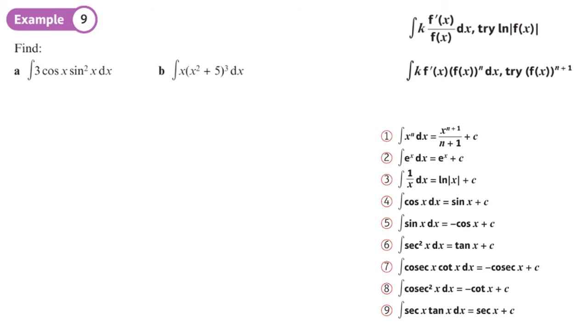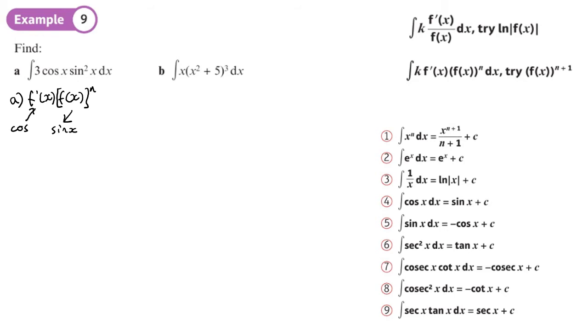Right, I think A fits the pattern of f dash of x times f of x to a power. So the f of x part is like the sine x, because it's squared. The f dash of x is like the cos x. Again, we won't worry about the constant.